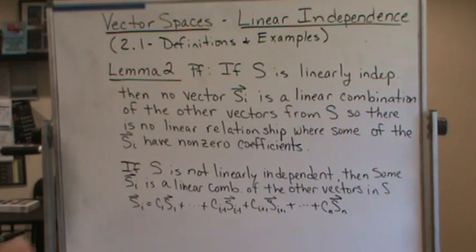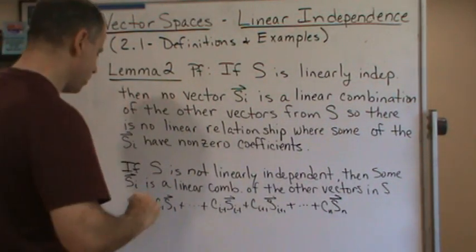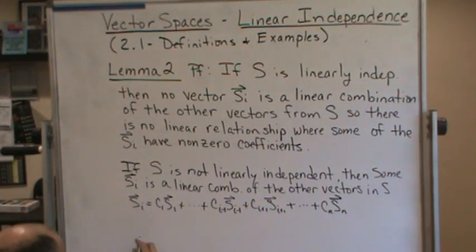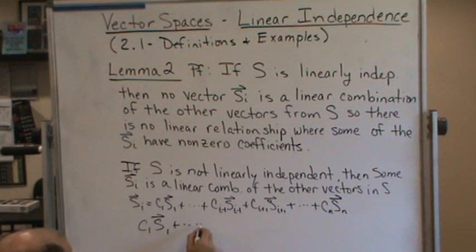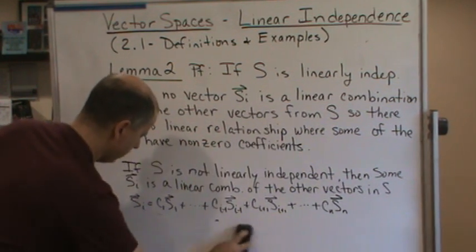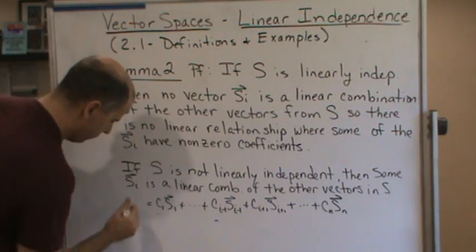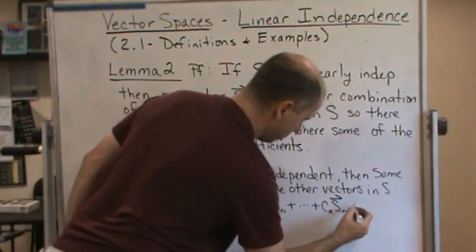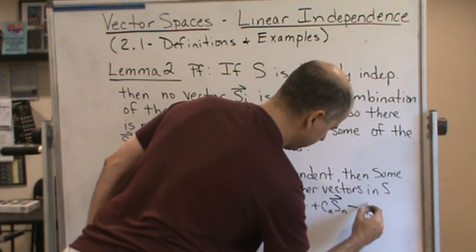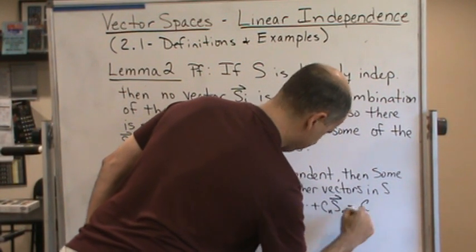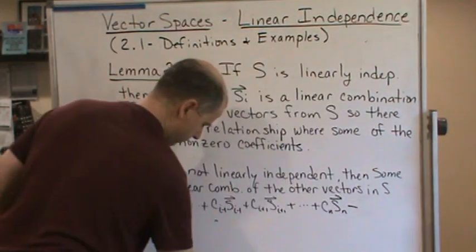If that's the case, then we can get the linear relationship by subtracting S sub i from both sides, and we get C1 S1 plus all the way to... I'll just do it easier. I'll erase this, and we'll make this 0, and I'll bring this all the way to the end, and we'll go minus S sub i.